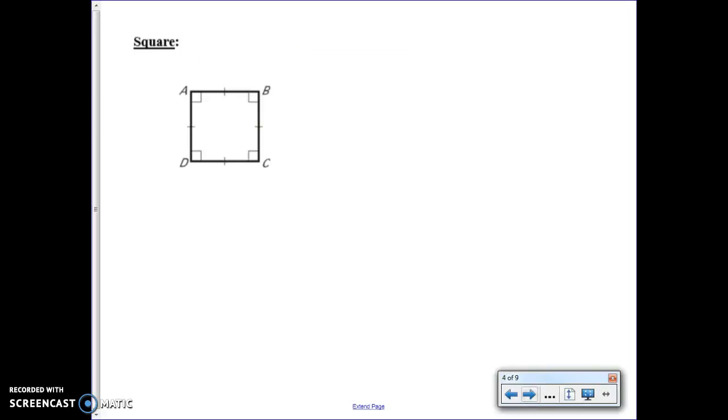A square is also another special kind of parallelogram, but it's a parallelogram with four congruent sides and four congruent angles. So that makes it a special kind of rectangle and a special kind of rhombus.